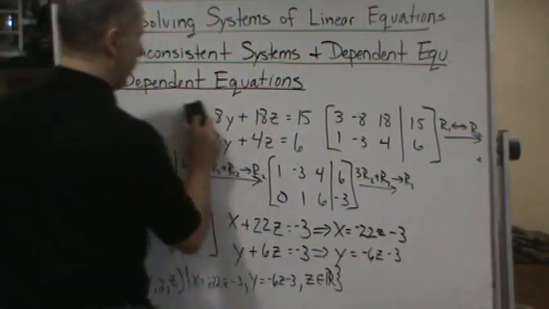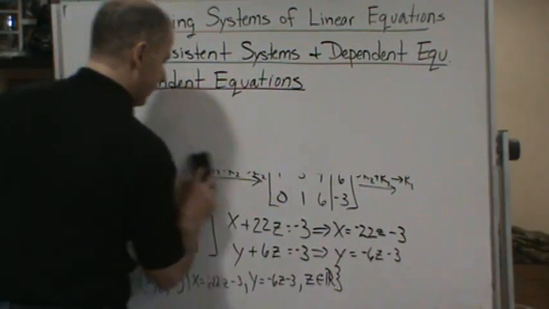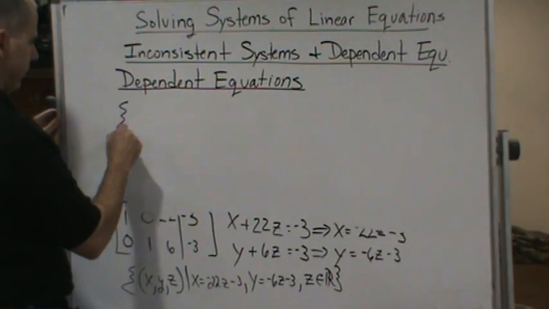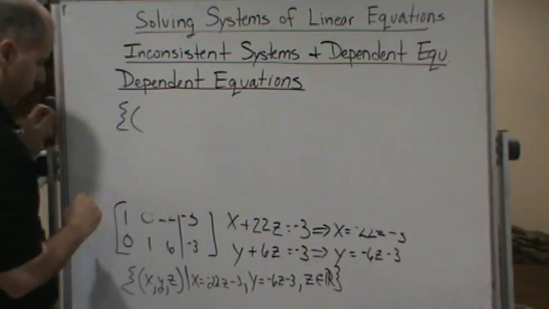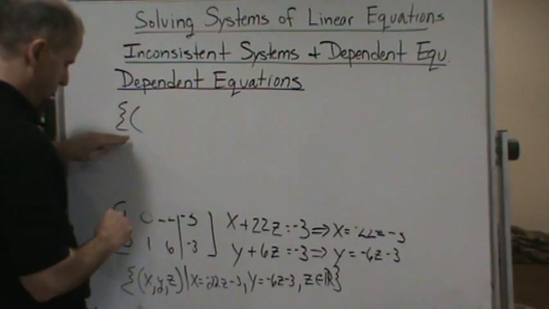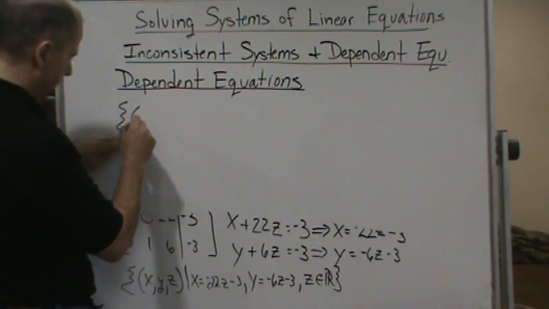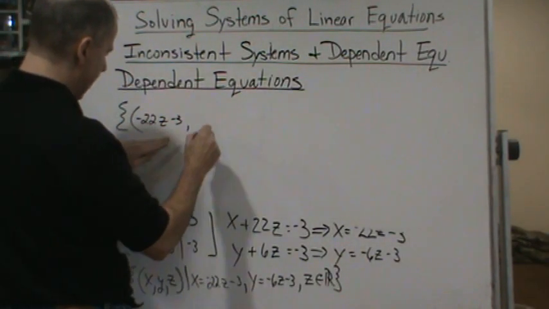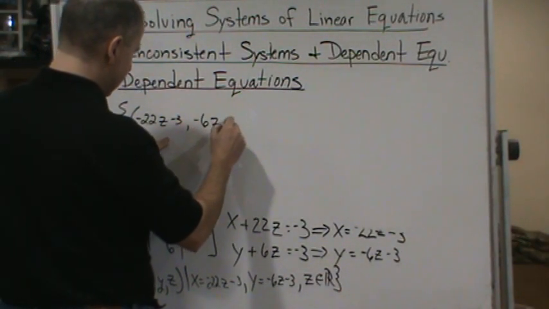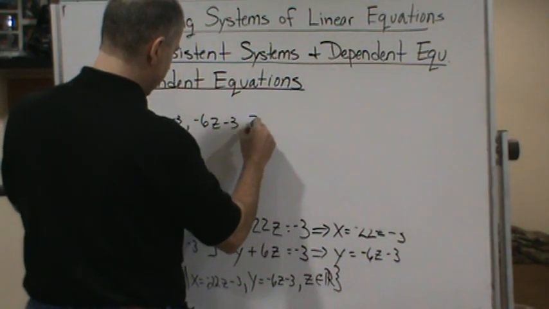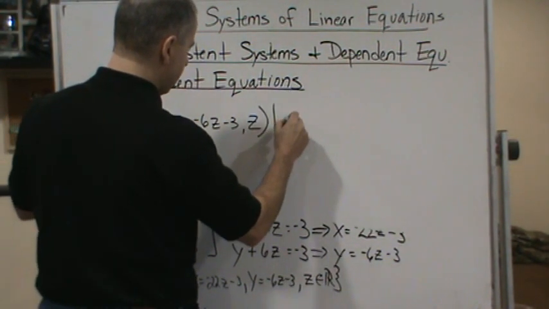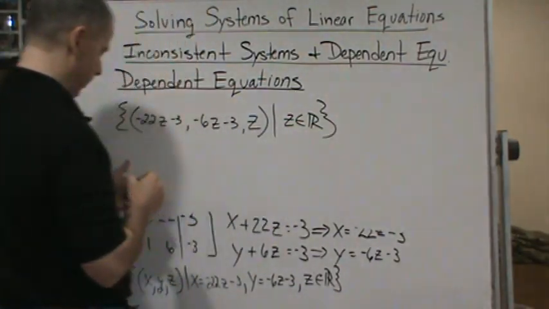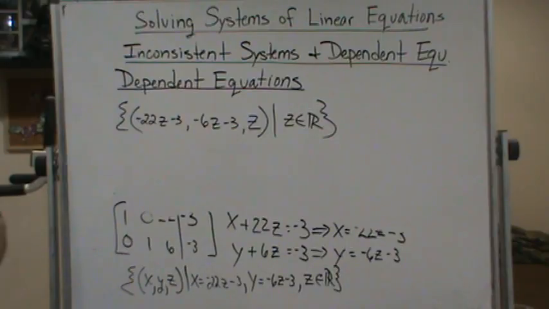So don't forget the other way you could write it. You could just write it this way: the set of all ordered triples, and it would be negative 22z minus 3, comma, negative 6z minus 3, comma, z, such that z is any real number. And that's it.